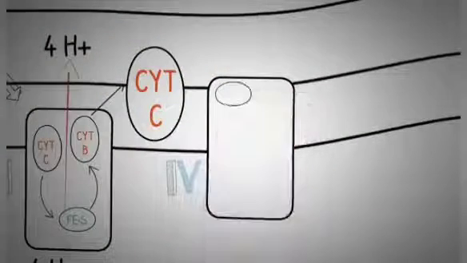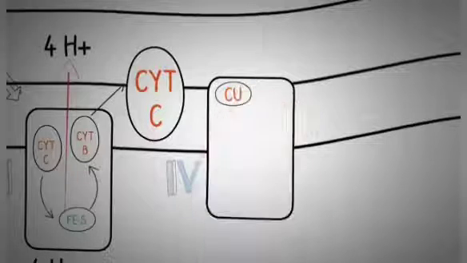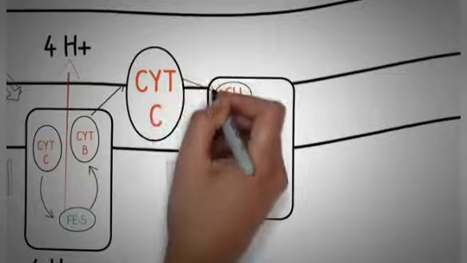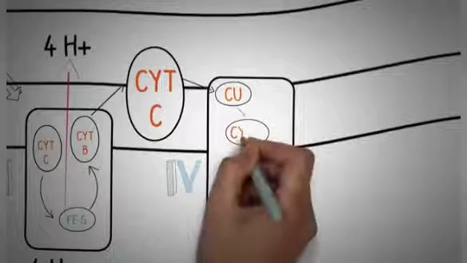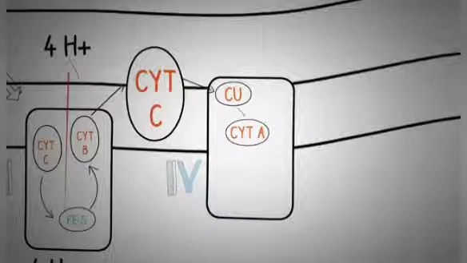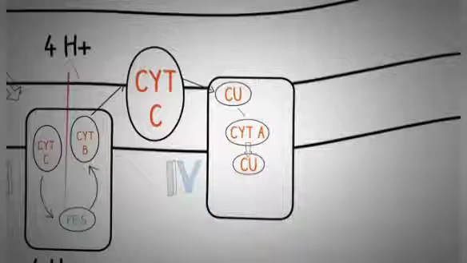In the next step, the cytochrome C donates the electron to the fourth complex. In the fourth complex, the electrons are first received by the copper ions, which are of A type. The copper ions then donate the electron to the cytochrome A. The cytochrome A then transfers the electron to copper ions, which are of B type.